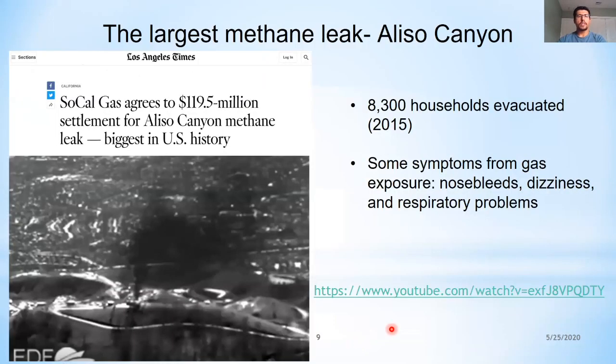Okay, another example is the largest methane leak in California, Aliso Canyon, an air pollutant example. This was a huge case during that time. It's another example where there is an input to the air, the methane emission, and during this time, some of the methane can travel very far, and there is a lifetime for the methane in the atmosphere.